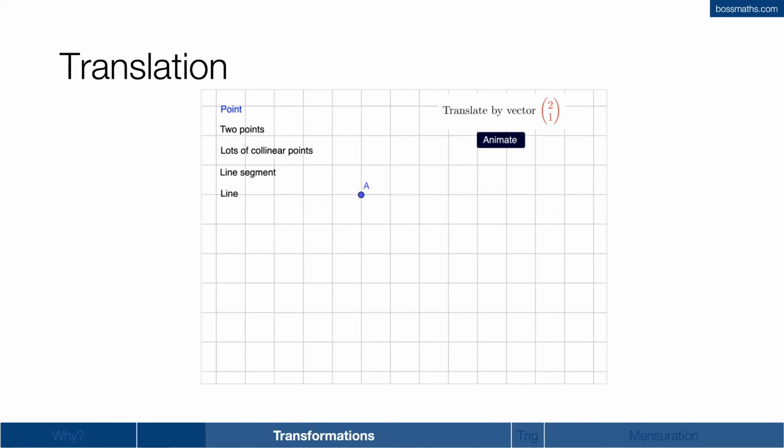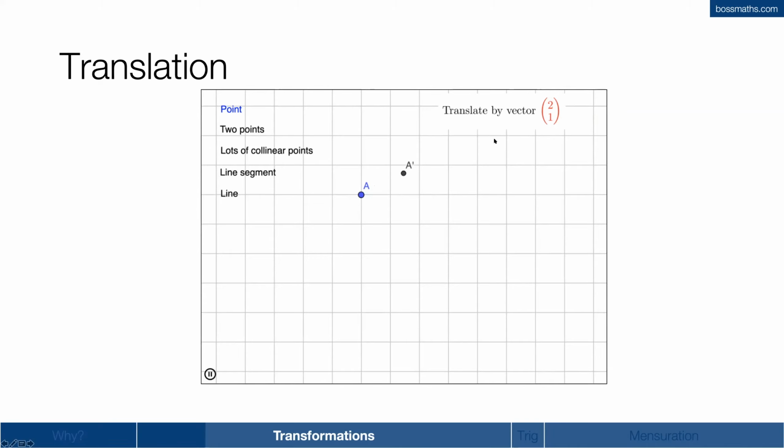Here's an idea then that we could start with, which I think can work well for certain students. Instead of going straight into transforming some kind of polygon, which is where most textbook exercises start, why don't we start with transforming a single point? So here we've got translation. What does it look like to translate just this point here, just A?